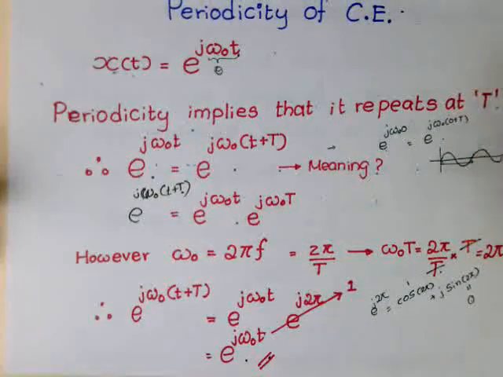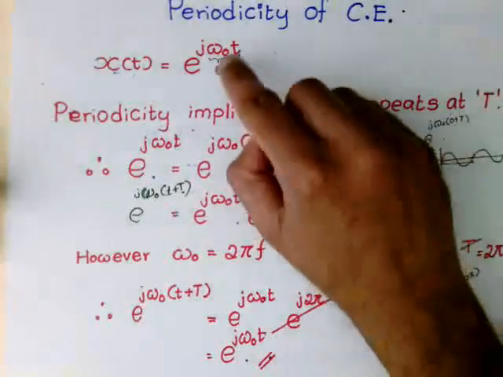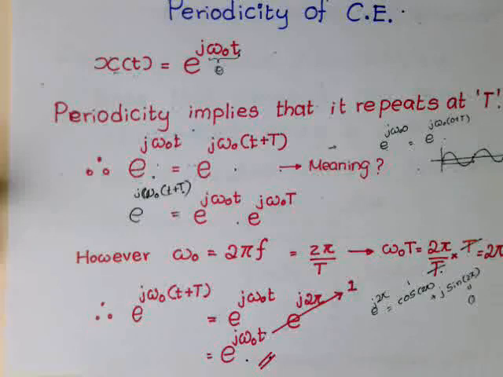So that means the complex exponential that we are going to use has a unique frequency omega naught, and only that. Only one frequency component. In the next video we are going to look at what this complex exponential is, and using Euler's relation, how we can get a better understanding of what this means in time domain, or what this means for signals.